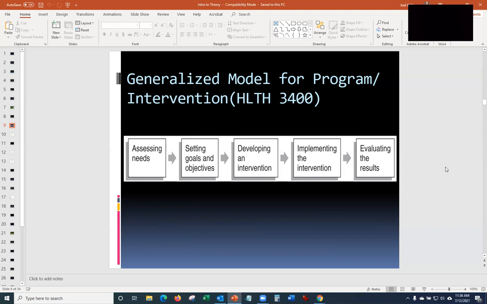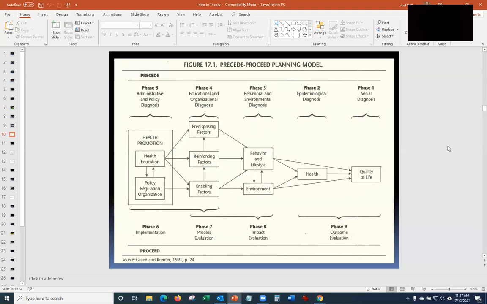And so those just take these main ideas and concepts that we have here, and they are further refined to be more specific to where your program or intervention would actually be executed.